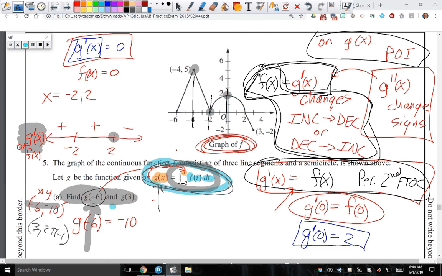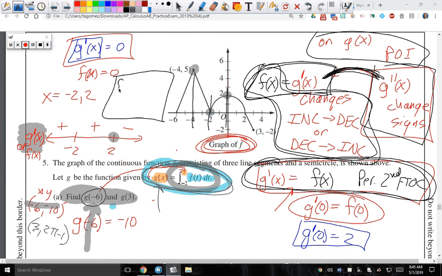And we know that per the second fundamental theorem, that's the same as saying G prime of x would change from increasing to decreasing or decreasing to increasing. This is the relationship identification between derivative levels, increasing or decreasing versus the sign changes. And that goes back to that table when we first started off, saying if f of x is increasing, that means f prime of x is positive, and so on and so forth.